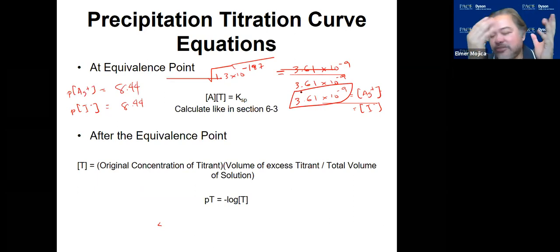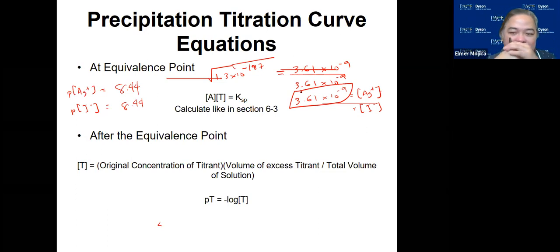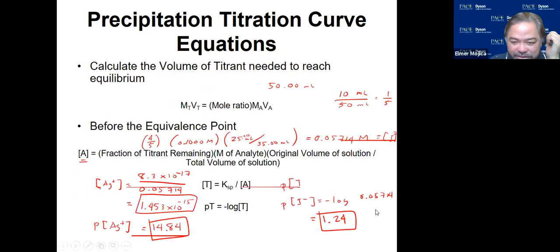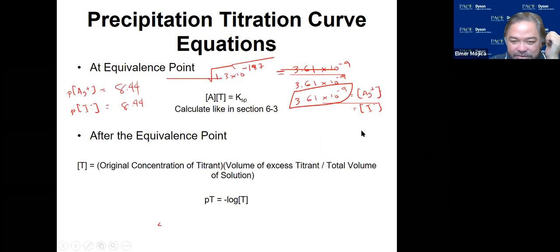Does it make sense that your silver ion concentration goes up while your iodide concentration goes down? Because initially, this is the concentration of your iodide. Now it's only 3.61 times 10 to the negative 9. Does that make sense? Yes or no? Do those changes in concentration make sense?